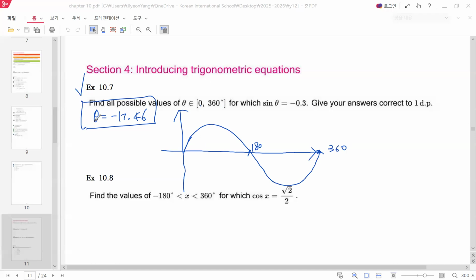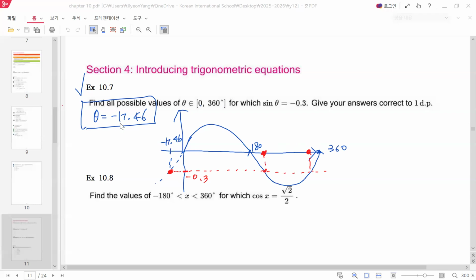Since theta is given as negative 17.46, you need to extend this one. For this value, you need to find two angles which have the same sine value. So please extend this line, because the y value means the sine value. So this is negative 0.3.